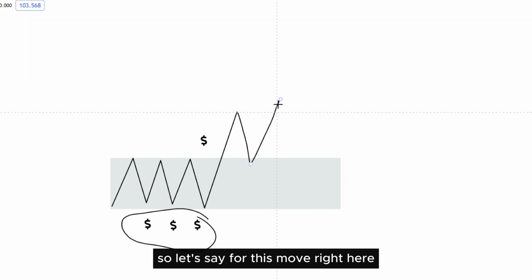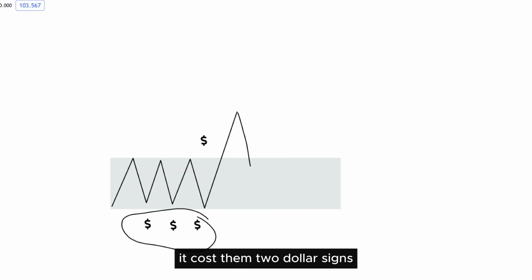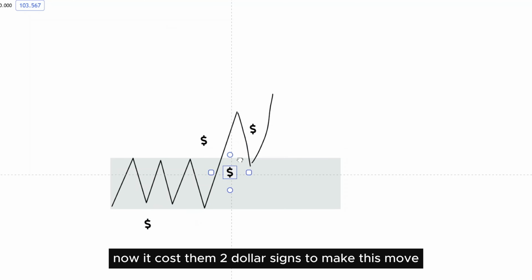So let's say for this move right here, it cost them $2 signs. Now it costs them $2 signs to make this move.